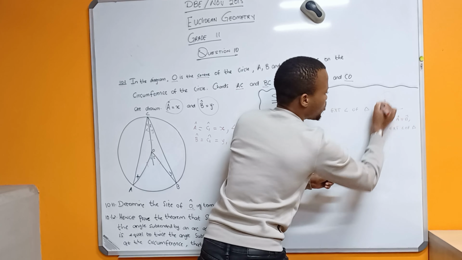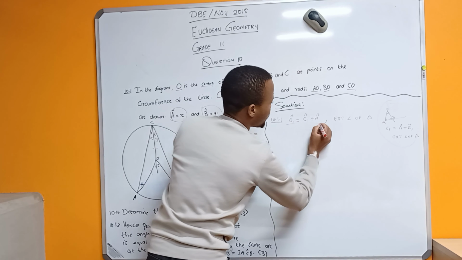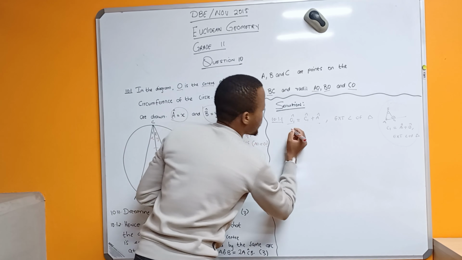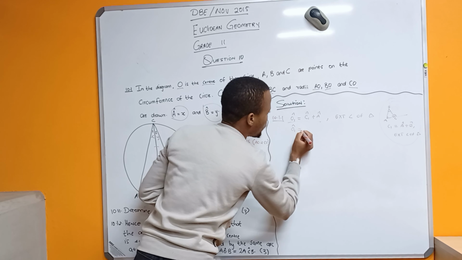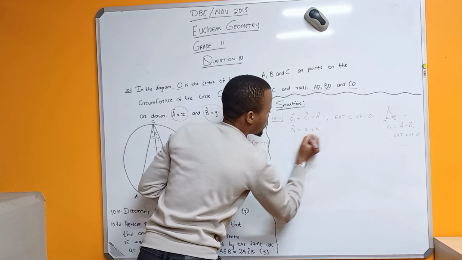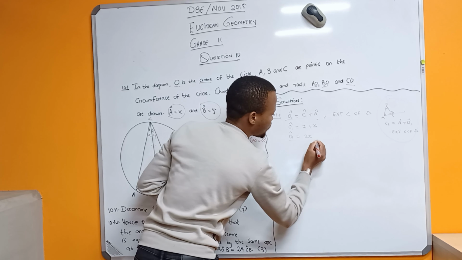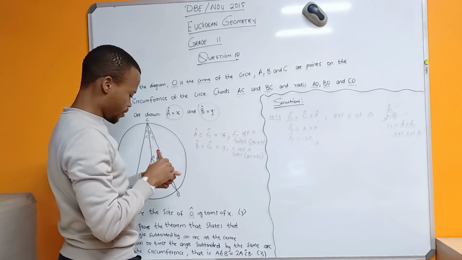So this is the theorem, or the result, that we use. So as a result, angle O1 is equal to C1 plus A, which is x plus x, which makes angle O1 equal to 2x.